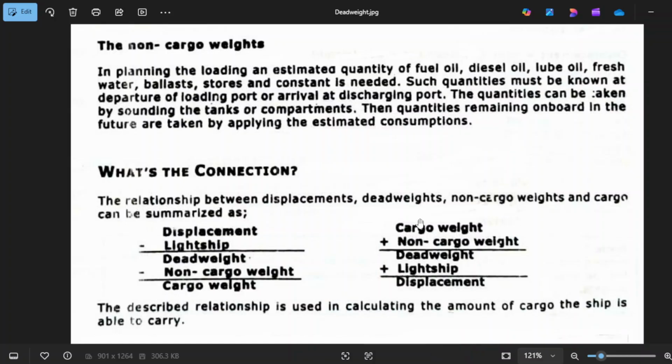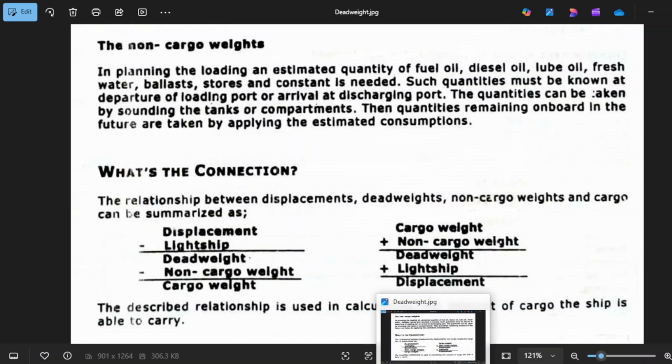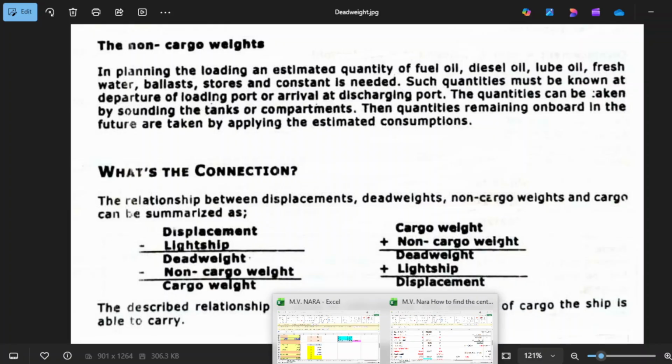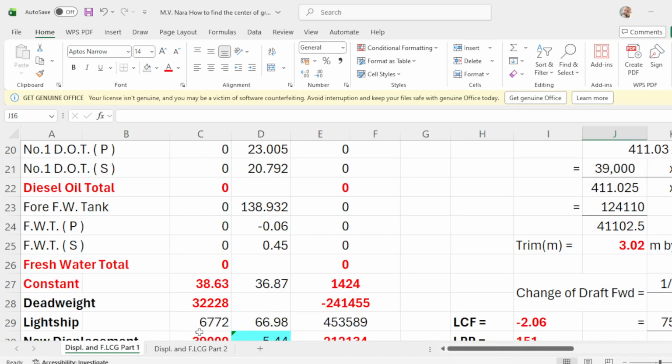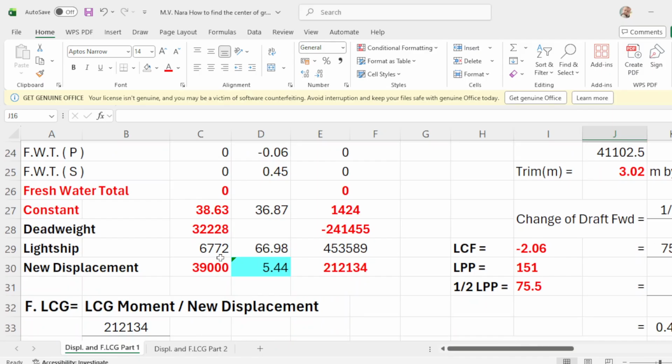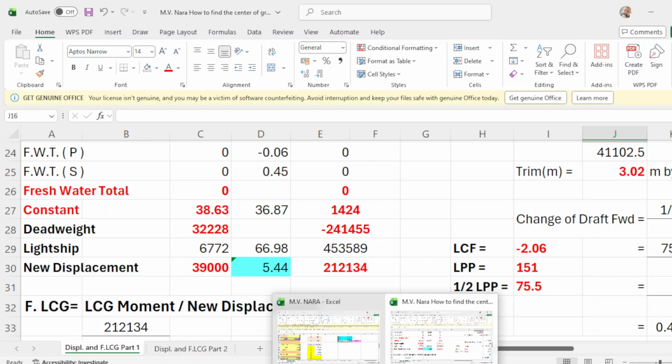Cargo weight plus non-cargo weight is your dead weight, plus your light ship, and the vessel's light ship is 6772. Where did I get this one?